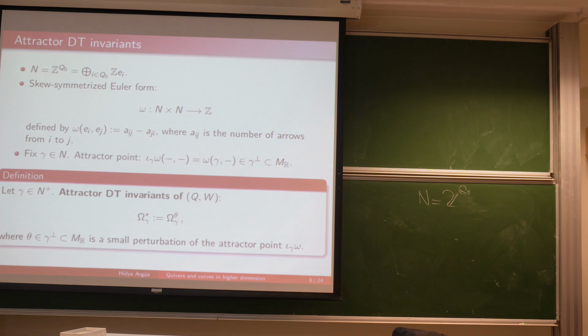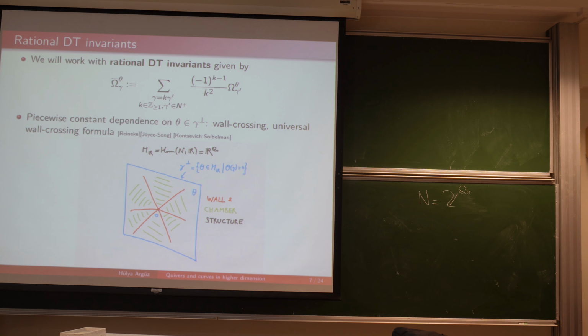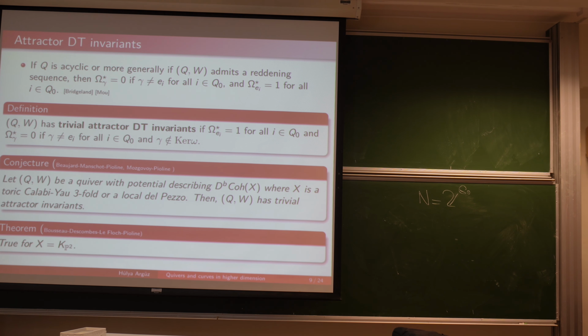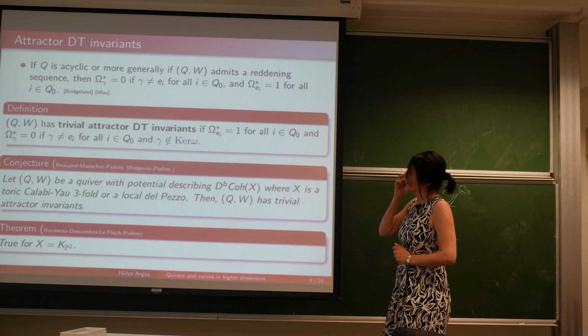One can show that if this point lies by chance on some wall, you can apply a small perturbation, and it will be well defined. It's up to small perturbations. Attractor DT invariants are relatively easy to calculate.